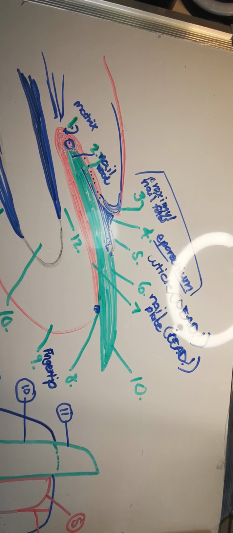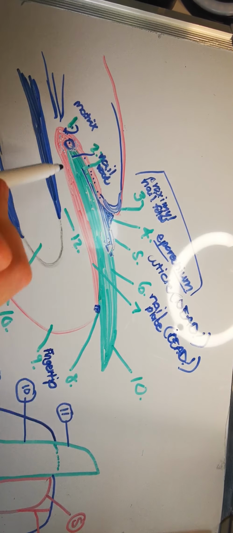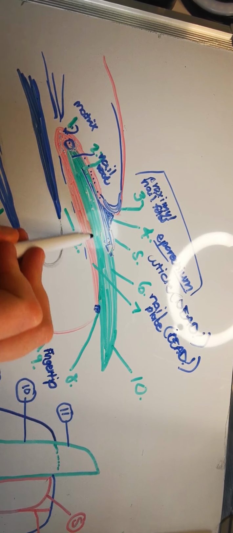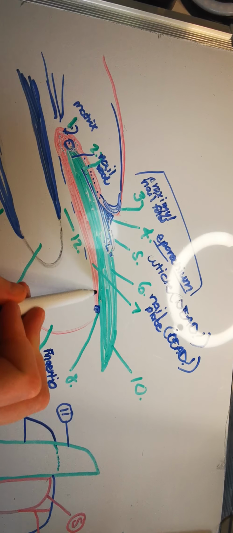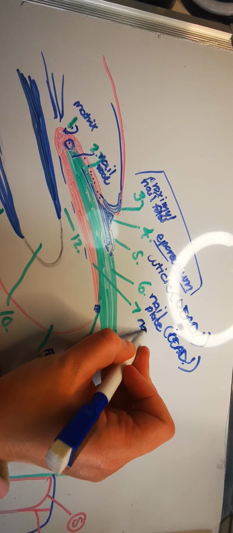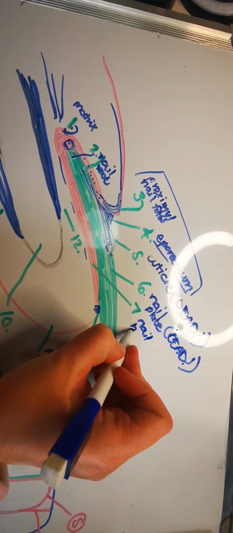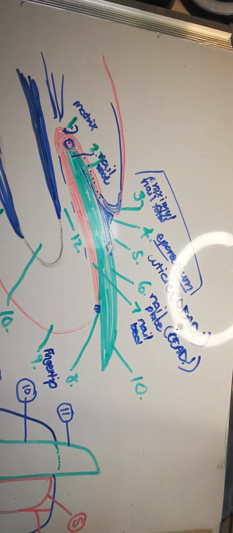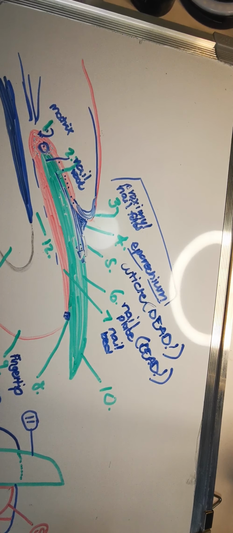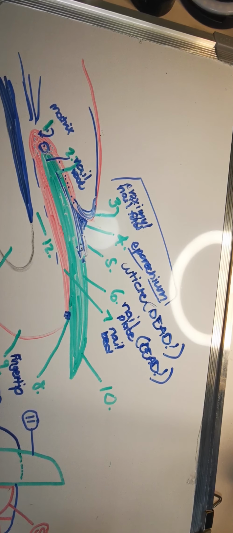So, moving on. Then we have underneath here, this red bit here, is the nail bed. The nail bed is that pink that you see underneath your nail.